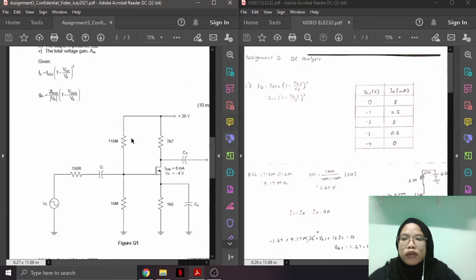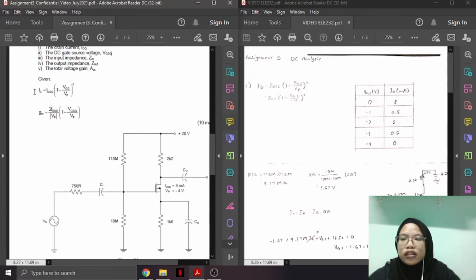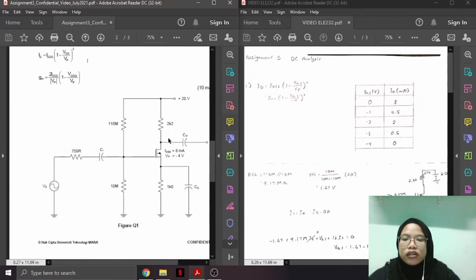Okay. From the question, it is given the formula to find the ID. That is ID equals IDSS times (1 minus VGSQ over VP) power 2. From the question, it is also given the value of IDSS and also VP.